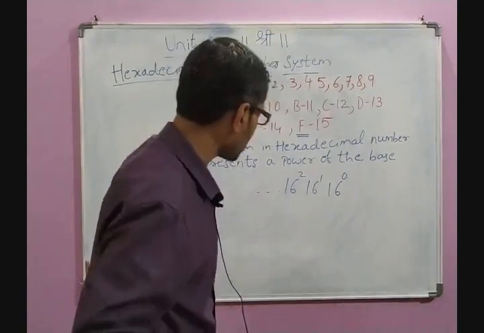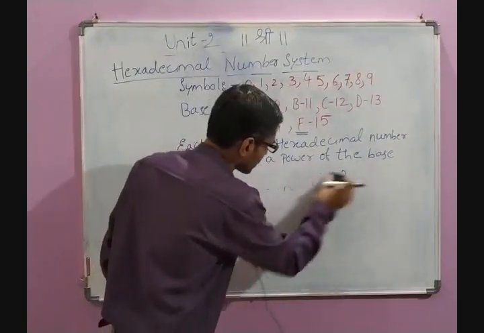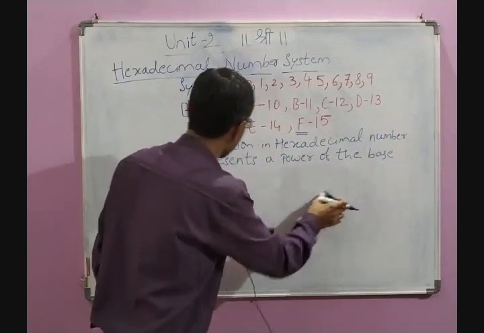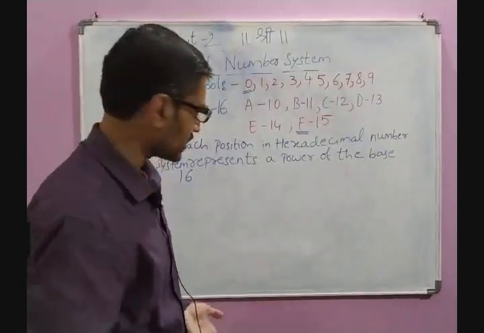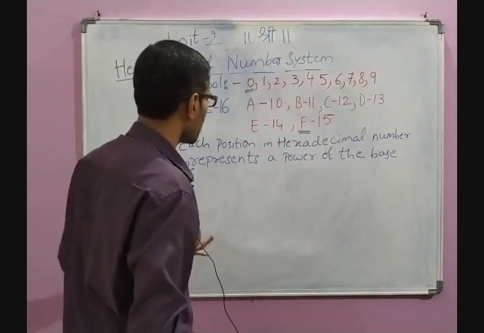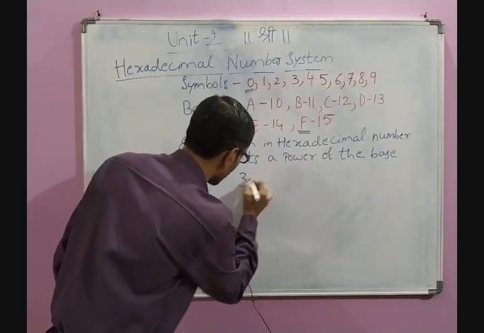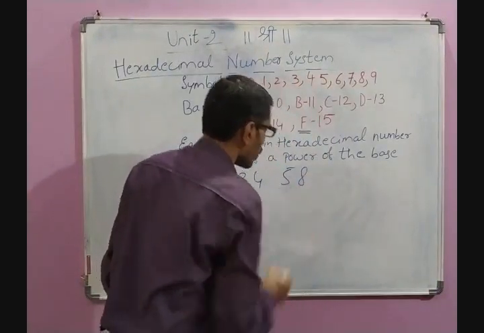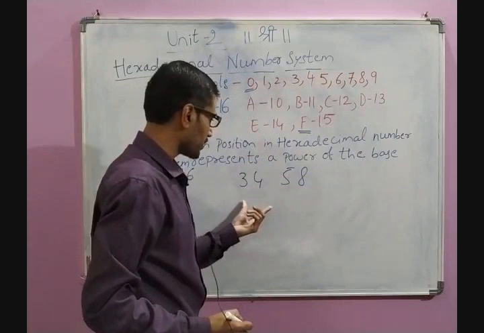So this is what we need to use. Now let us take some examples to understand this concept, or how we can convert this hexadecimal number into the normal decimal. Before going to that, to give some more examples, I can say like 34. Okay, I can write it as 58. All these are valid examples.